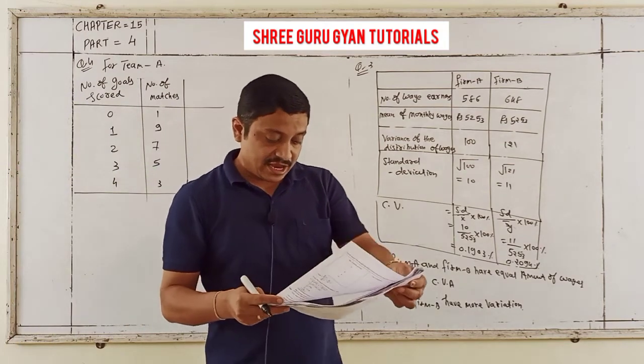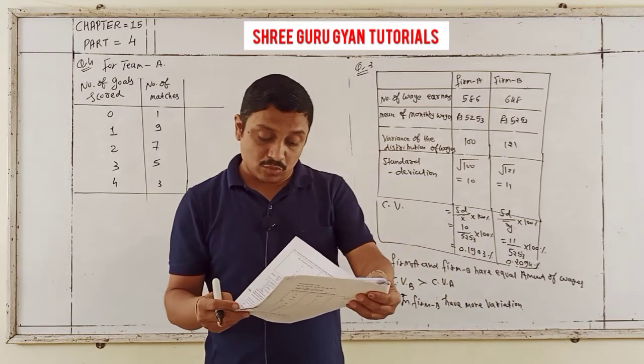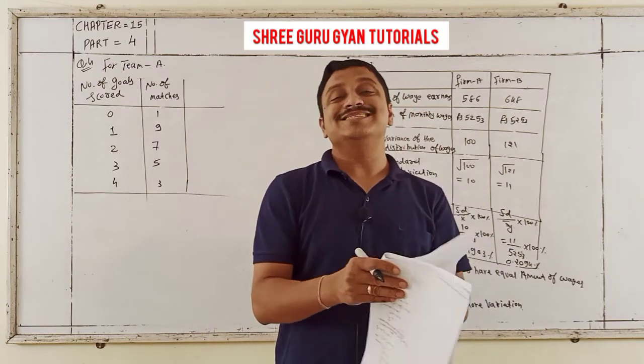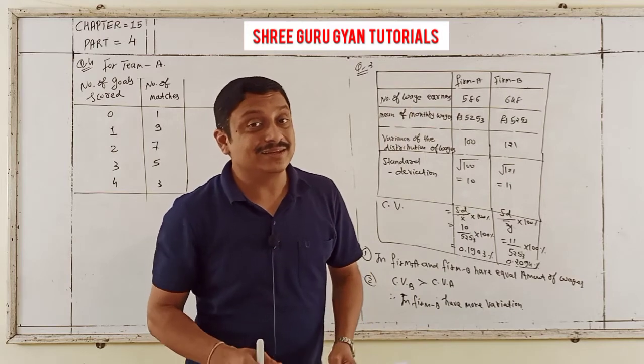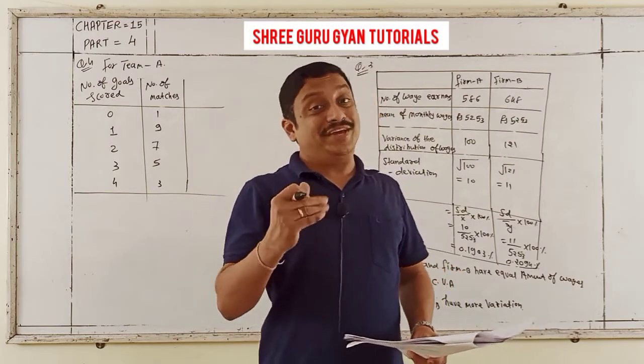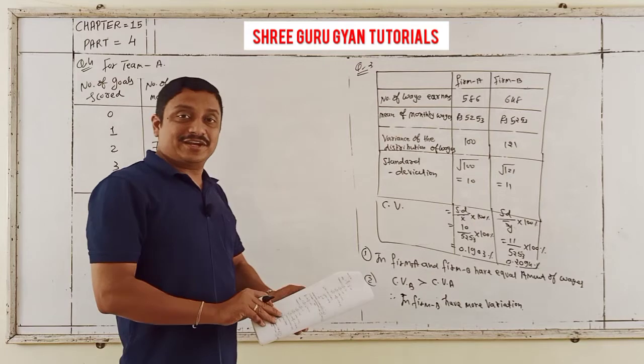The full data is already given, and we decide which team is more consistent. More consistent means less variability. So I go with variability.